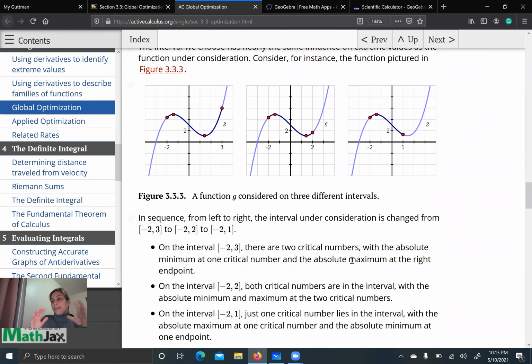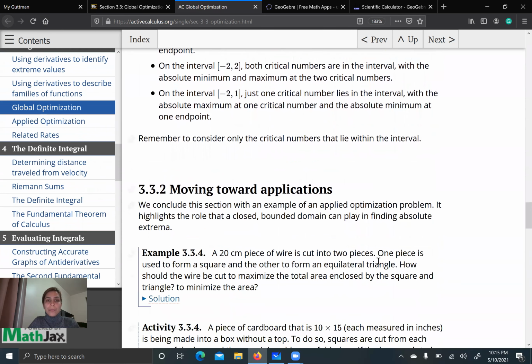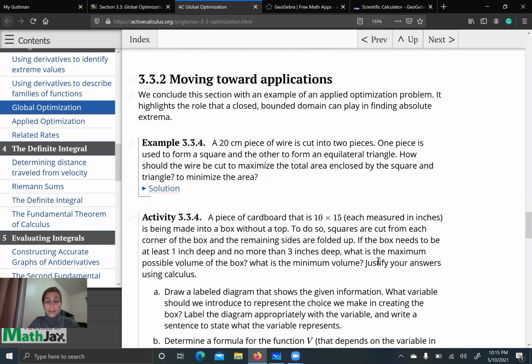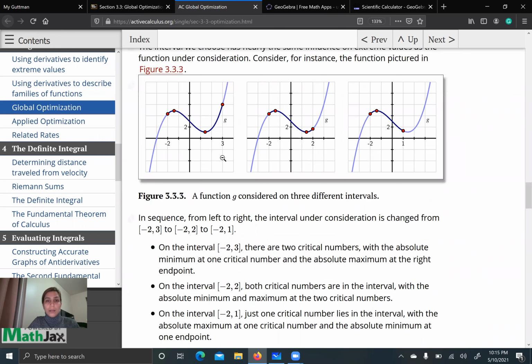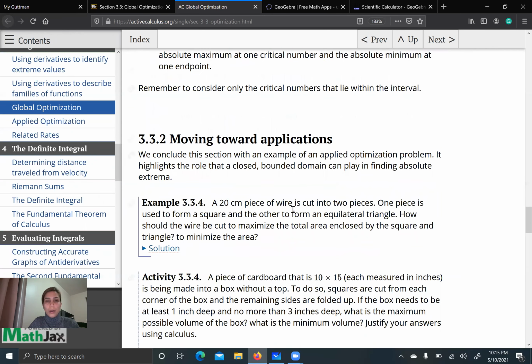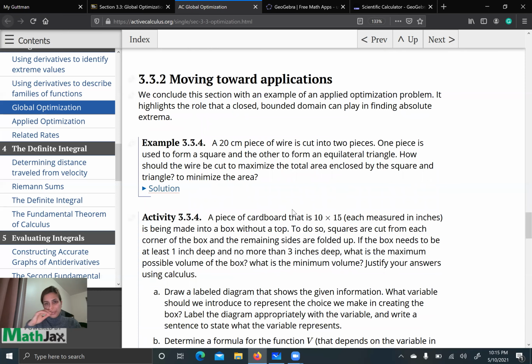If you're looking at the entire domain, that's a different story. But when you're looking at a closed interval, the function may have one absolute minimum on this interval and another absolute minimum on another interval. So the interval you are focused on plays a major role in the answer.